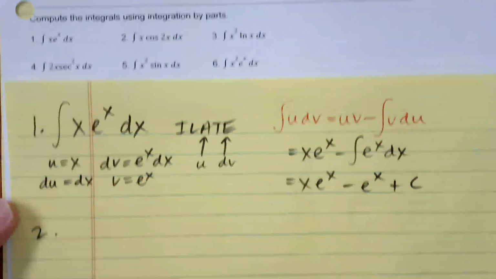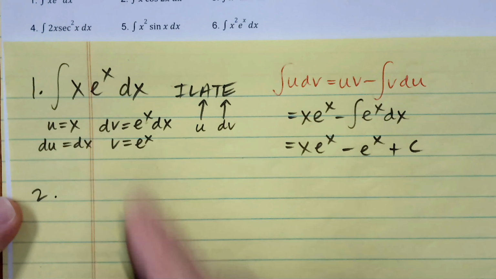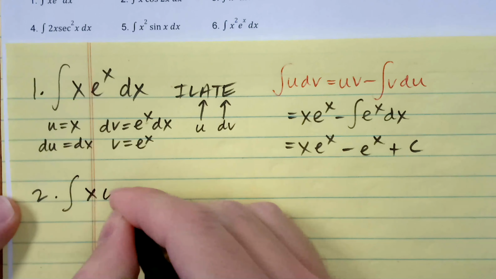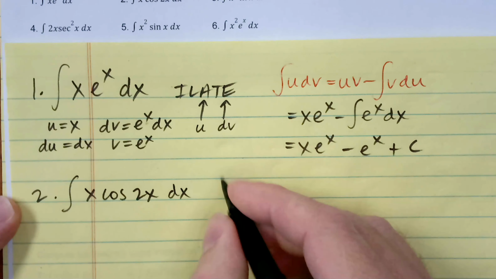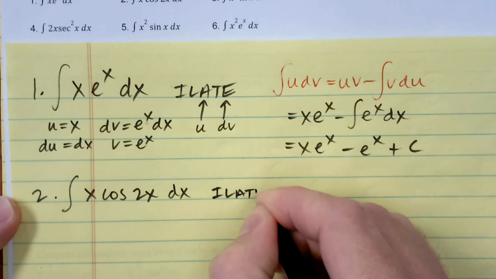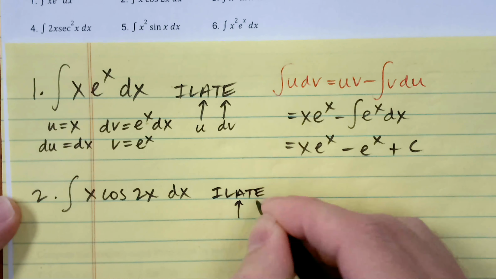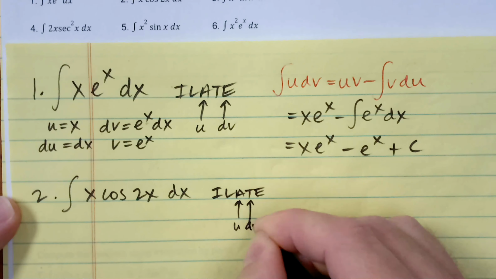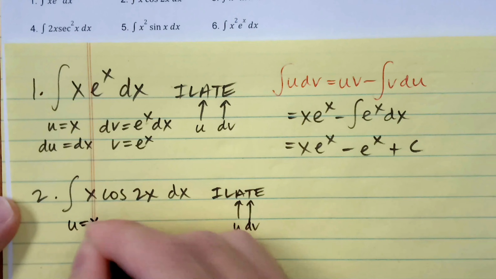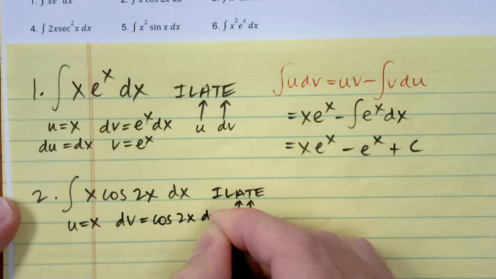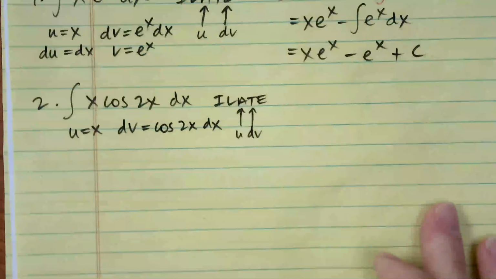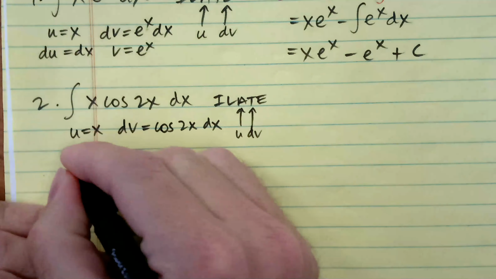Number 2 is going to be x cosine of 2x. LIATE: I've got an algebraic function and a trigonometric function. So u equals x and dv equals cosine of 2x dx. We're going to take the derivative of u and the antiderivative of dv.